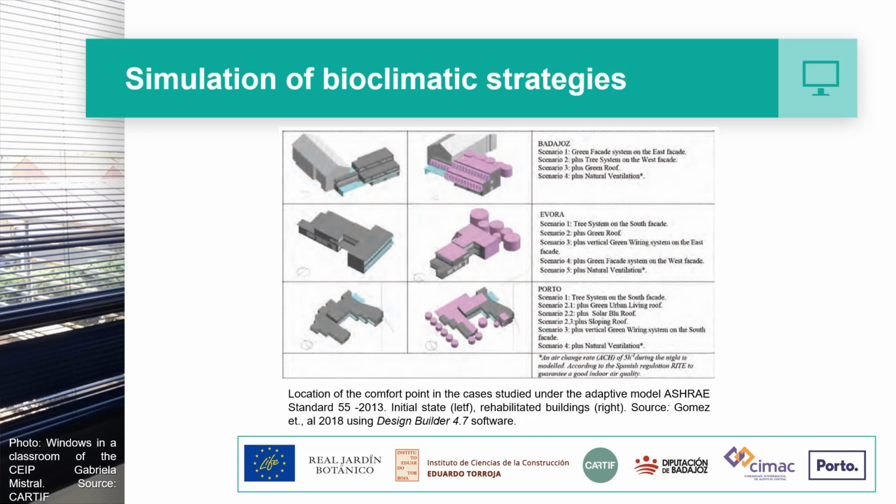To calibrate the models, the temperature, relative humidity, barometric pressure, and CO2 levels of the study cases have been monitored in their non-renovated state. The aforementioned strategies have been added to the computational model and simulations have been carried out for each of the scenarios.